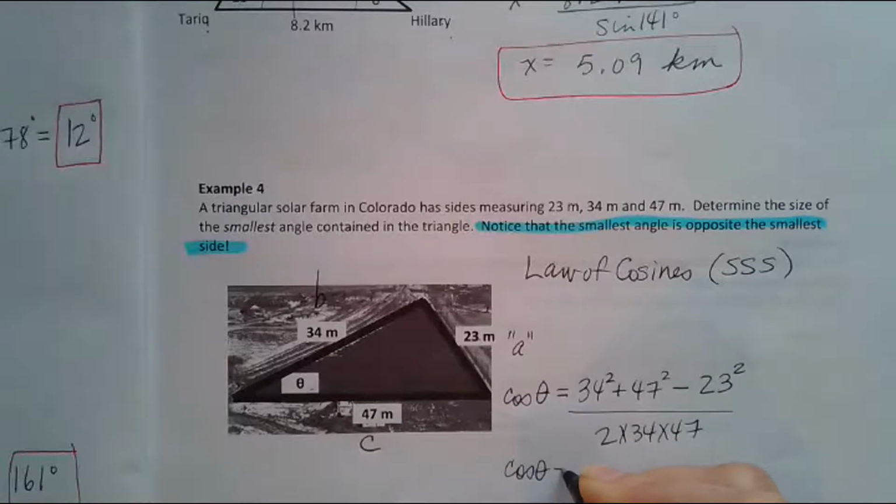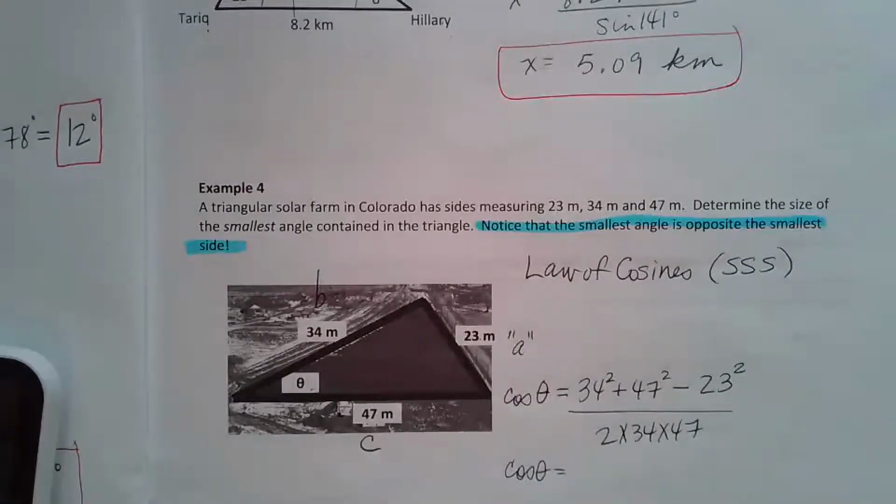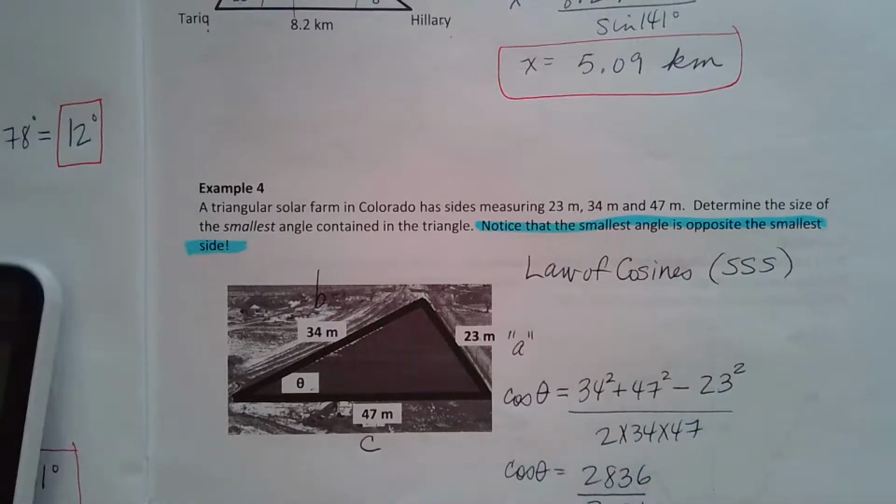So cos of theta equals, okay, so I have 34 squared plus 47 squared minus 23 squared. The top is going to be 2836. And the bottom is 3196.